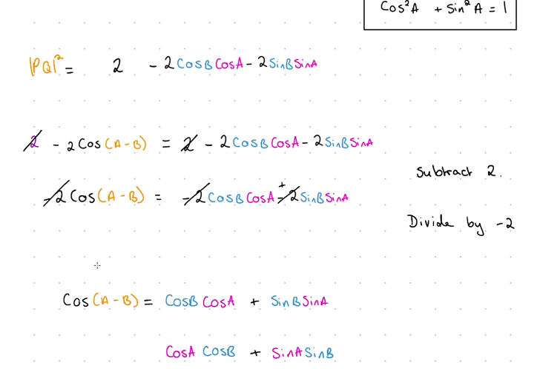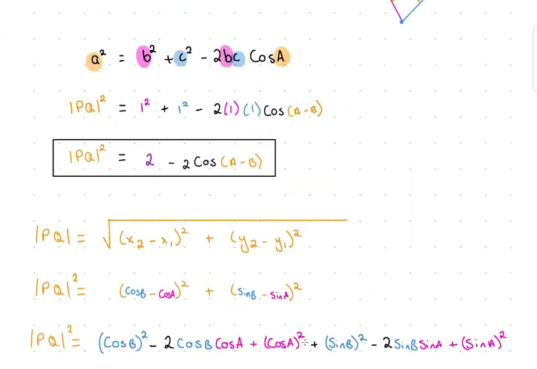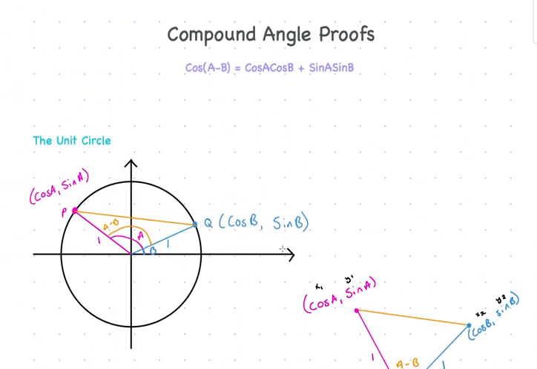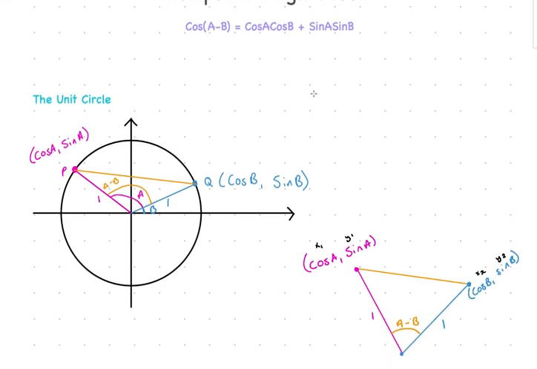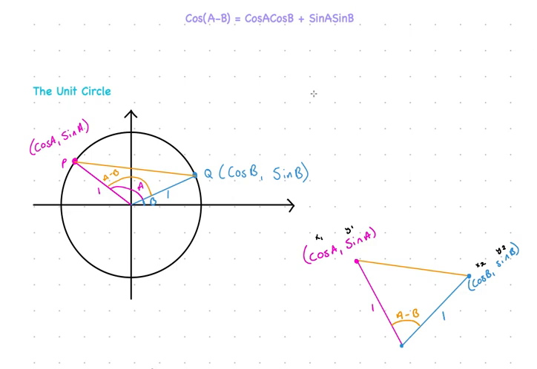So let's take a look. Does cos A minus B, is this the proof that we were aiming for? So we said that is equal to cos A cos B plus sine A sine B. Right back up to the top, what were we asked to prove? Cos A minus B is the same thing as cos A cos B plus sine A sine B. So there we have the first compound angle formula proof.